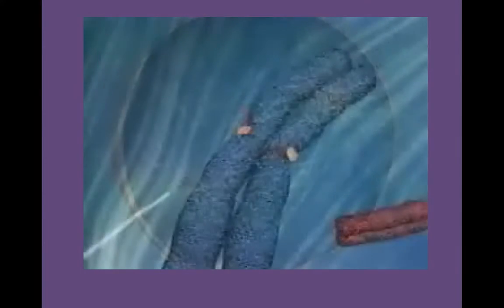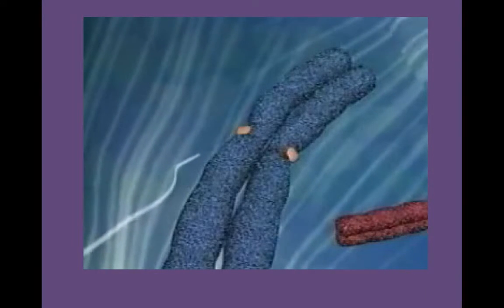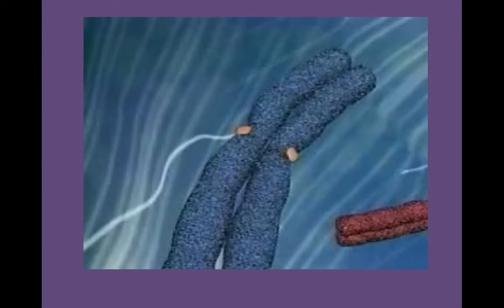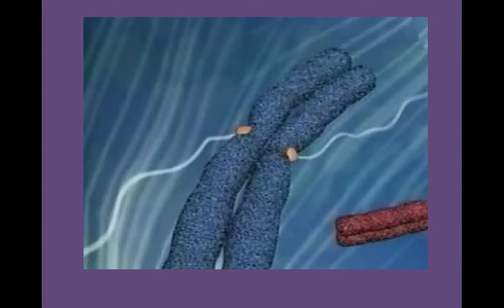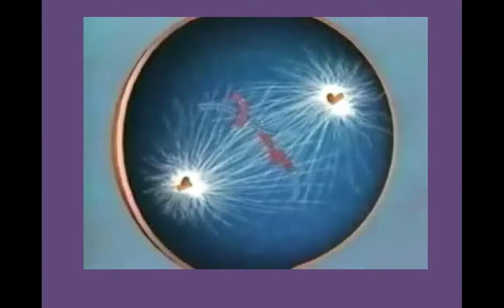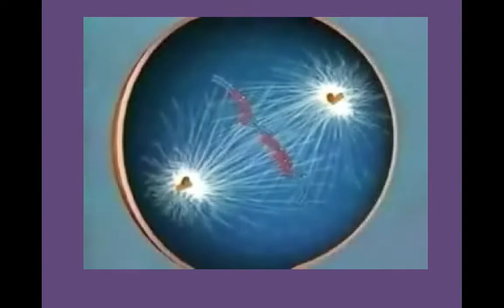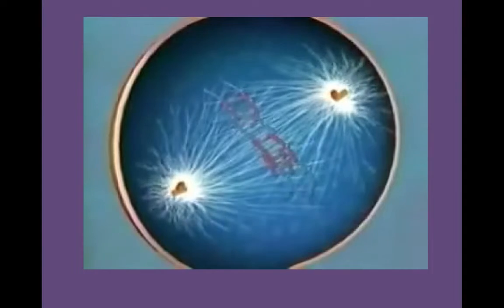With amazing accuracy, a spindle from each centriole attaches itself to each of the chromosomes. Assisted by the protein fibers, the chromosomes move center stage. In a microscopic tug of war, the spindles pull each chromatid toward opposite poles.